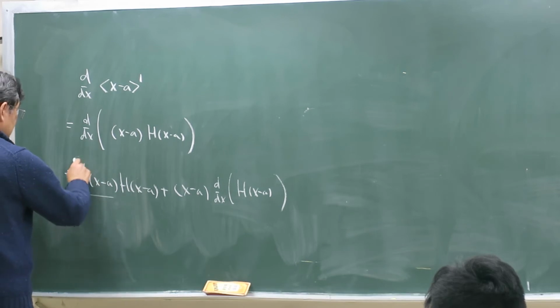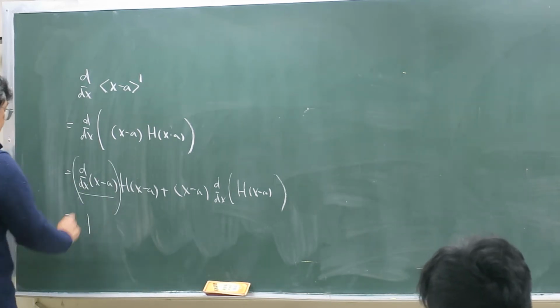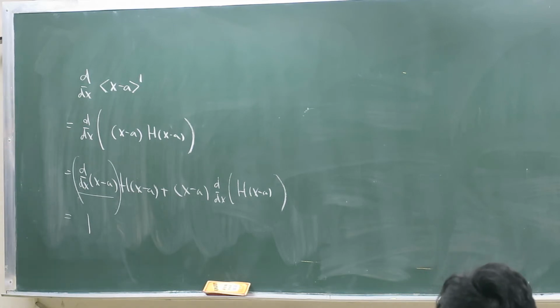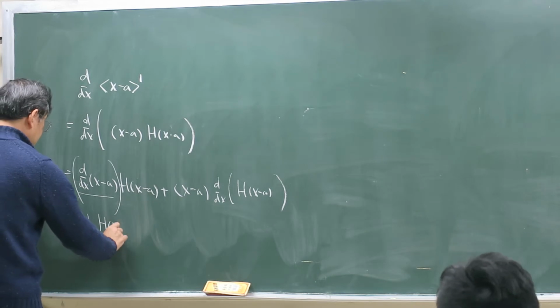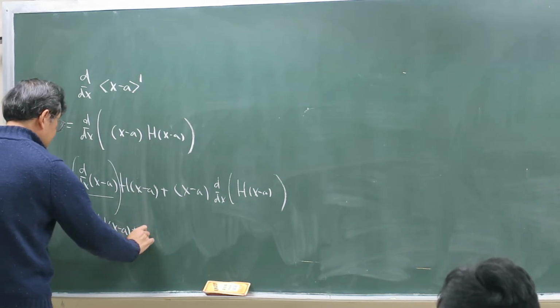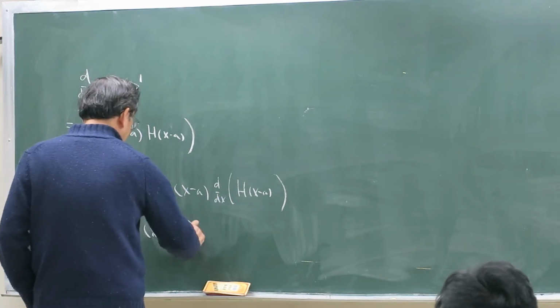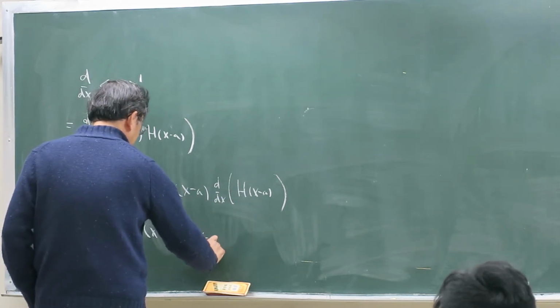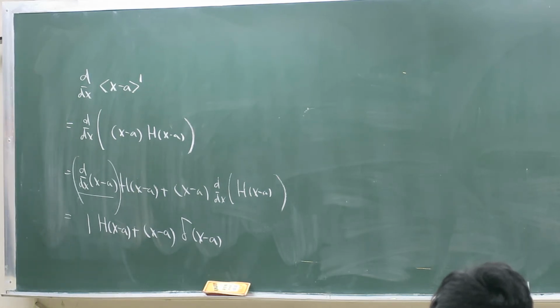This is equal to 1 times H(x − a) plus (x − a) times delta(x − a). Right.